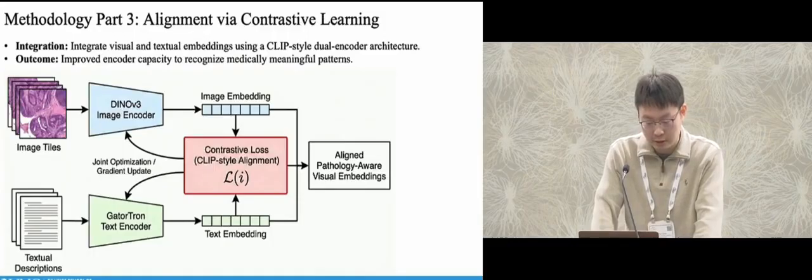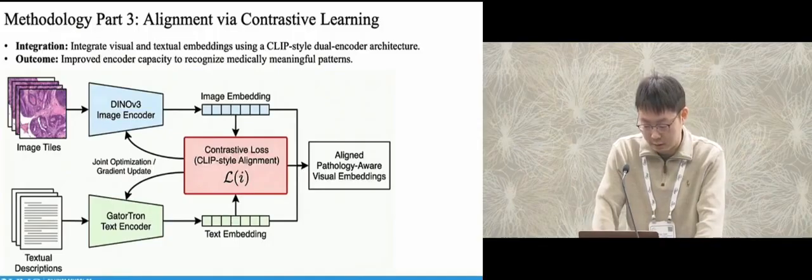Now we have a vision embedding and a medical text embedding. How do we merge them? The crucial step is alignment. We integrate these embeddings using a CLIP-style dual encoder architecture. We jointly optimize the DINOv3 imaging encoder and the Gatortron text encoder using a contrastive loss.